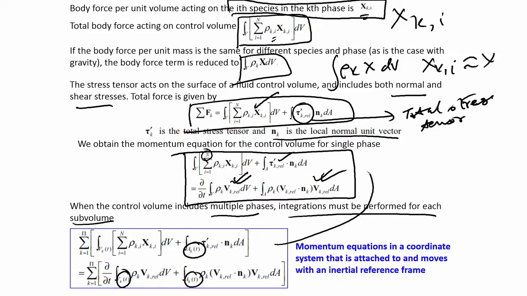So it is no different from this, except now we have these additional areas and volumes. Now, why does it not represent the Navier-Stokes equation that you are familiar with? Because this tau_k relative that we have needs the constitutive relationships applied to get to the form that you are most familiar with.